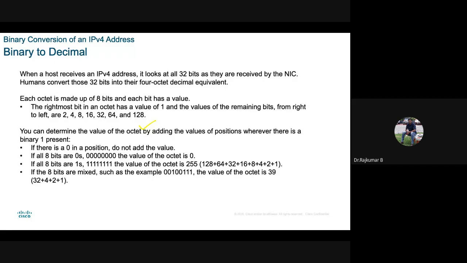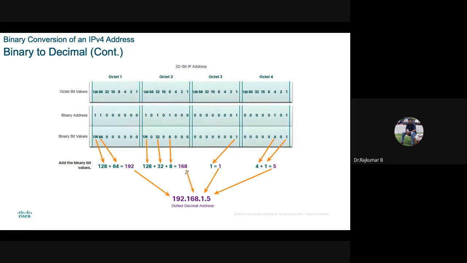So let's have a small example, and then we'll go for one exercise here. There are octet bits. The octet bit values are written like 1, 2, 4, 8, 16, 32, 64, and so on.